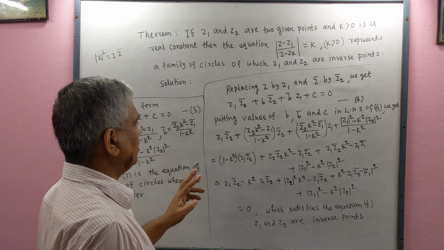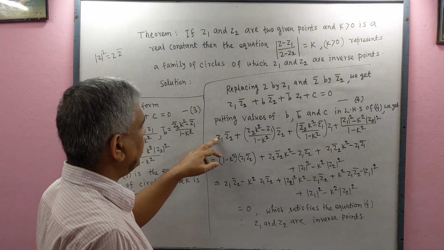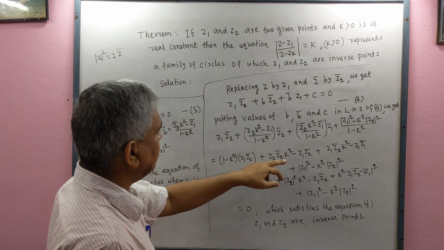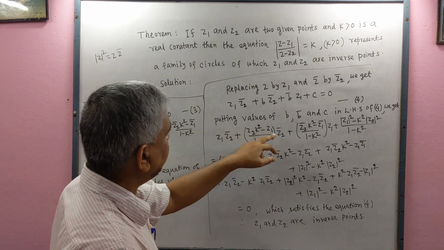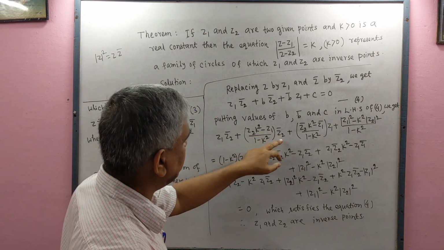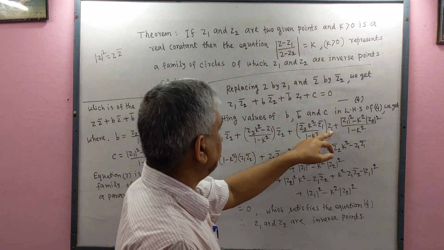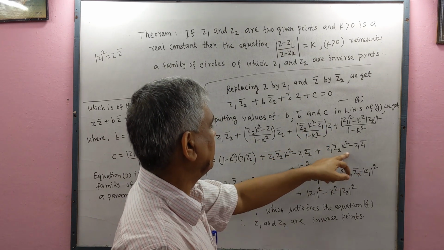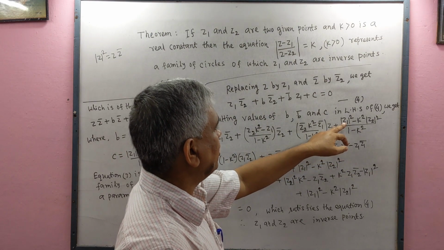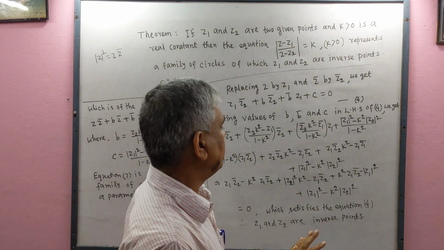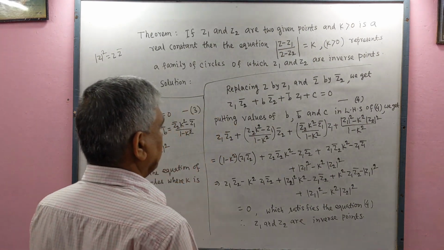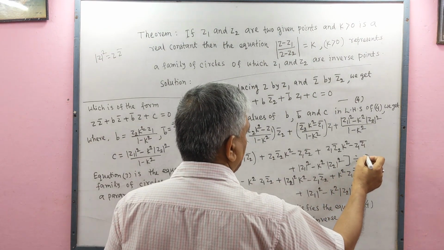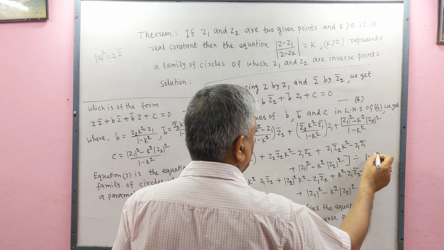Now we simplify this. 1 minus k square multiplied by Z1 Z2 bar plus Z2 Z2 bar k square minus Z1 Z2 bar, here Z1 Z2 bar k square minus Z1 Z1 bar, plus modulus of Z1 square minus k square modulus of Z2 square, divided by 1 minus k square.